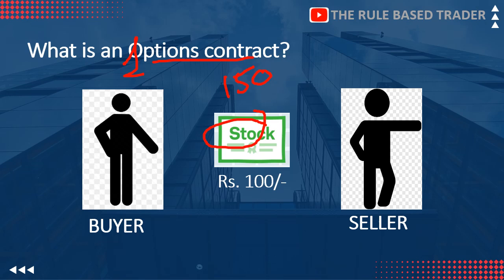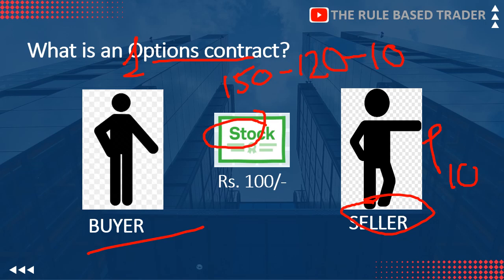That's because as per the options contract and rules, the seller gets to keep the premium that he received, which is 10 rupees. So the buyer's profit is 150 minus 120, minus the 10 rupees that he paid to the seller, which is equal to 20 rupees.